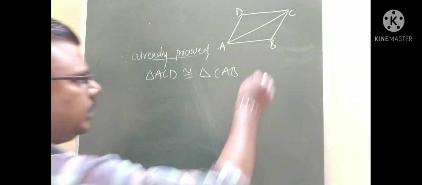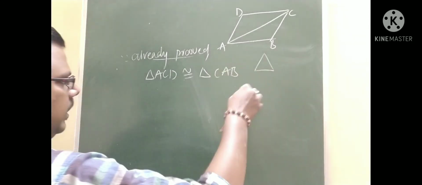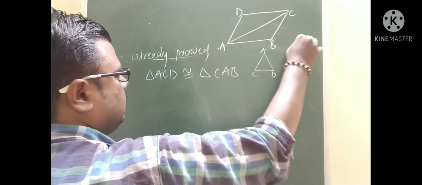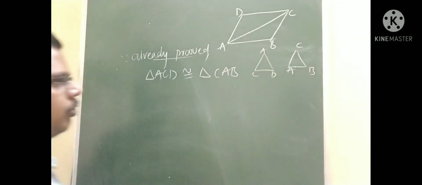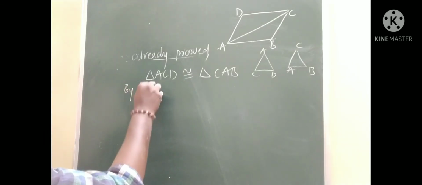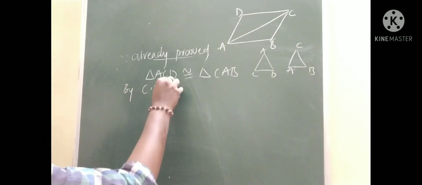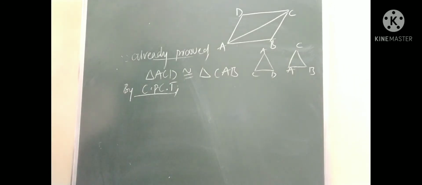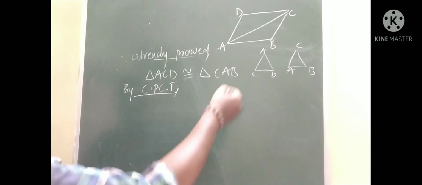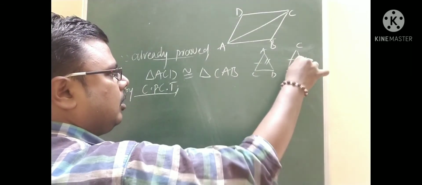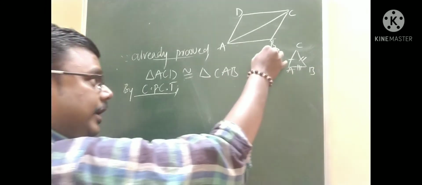So if you want, you can use the rough diagram. ACD and CAB. So when the two triangles are congruent, what can we write? By CPCT, corresponding parts of congruent triangles, corresponding sides are equal and corresponding angles are equal.